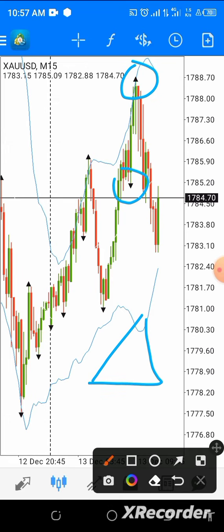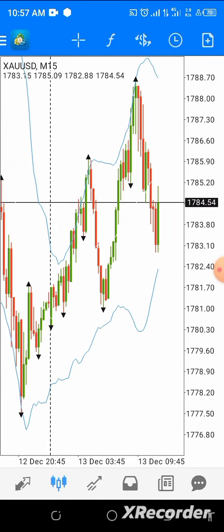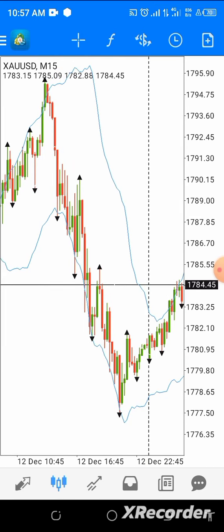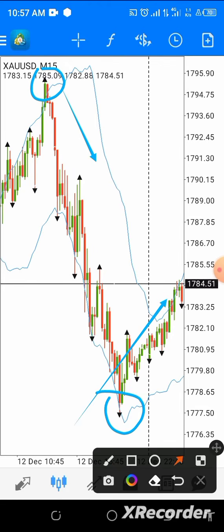Fractals that show an arrow to the top are sell fractals, and fractals that show an arrow to the bottom are buy fractals. For example, this is a fractal that shows at the top, which means a sell fractal, and if a fractal shows at the downside, it means a buy fractal.